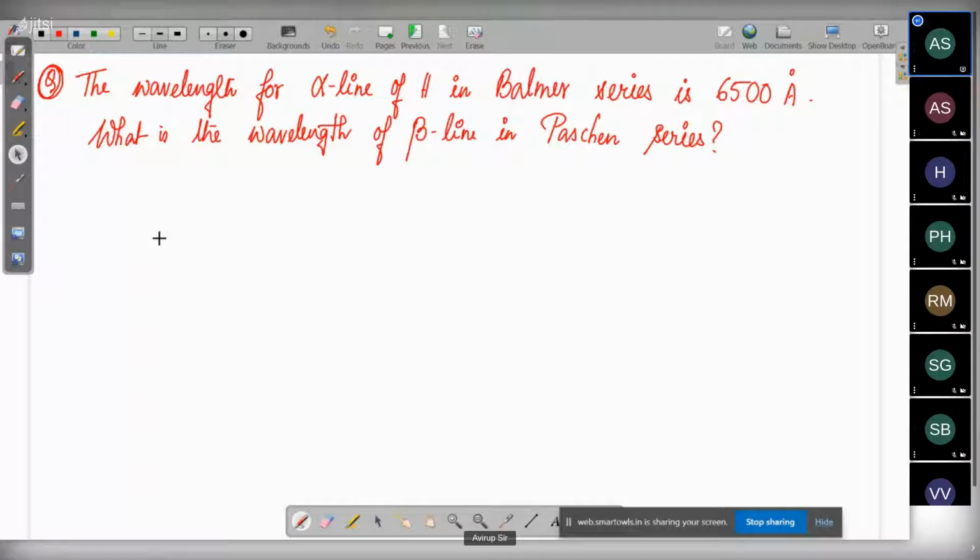So did you get it? What should be the approach? How should you approach this sum?